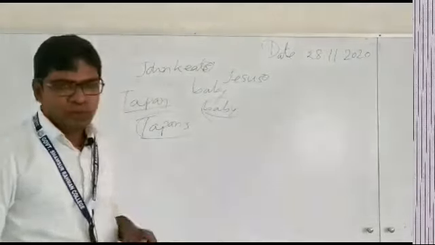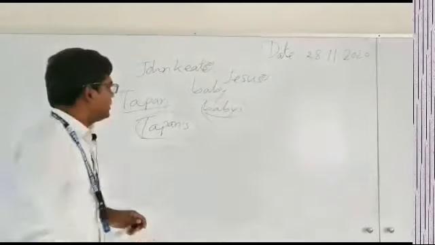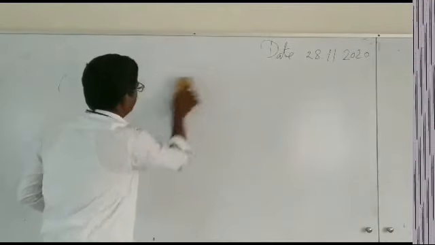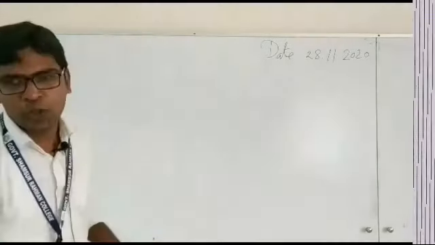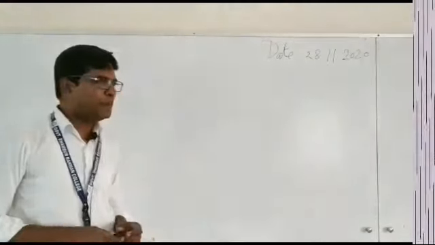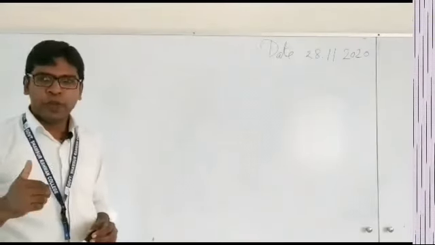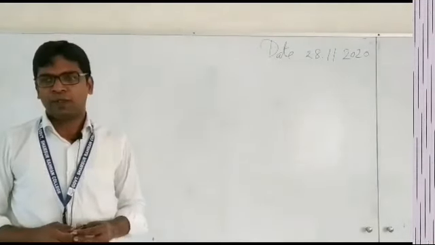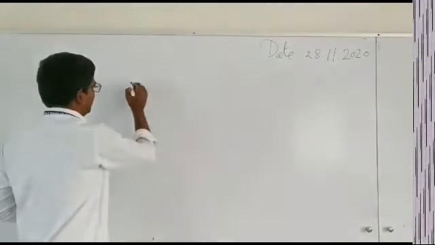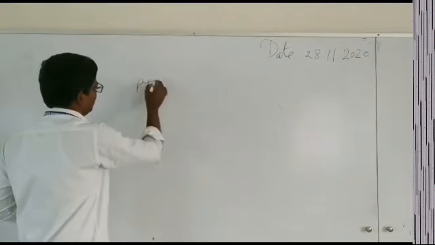Now, we are going to know what will happen if the word is plural. In case of a plural word, if there is no s, we can also use apostrophe s. Suppose, people.